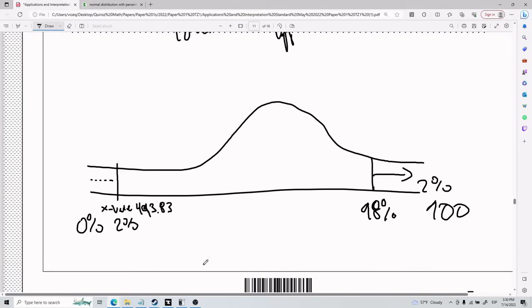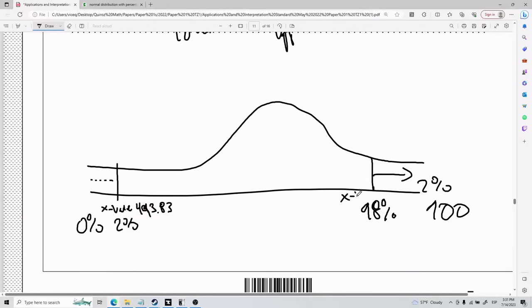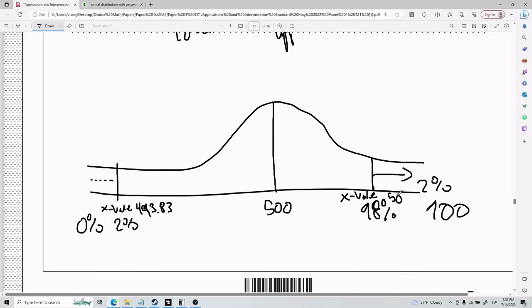Context matters. Wow. So, distribution, inverse normal. I plug in 0.98, go ahead and paste. It gives me 506. And so the x value of my bags that are in the top 2%, so the ones that weigh the most, is 506.161 grams and up.